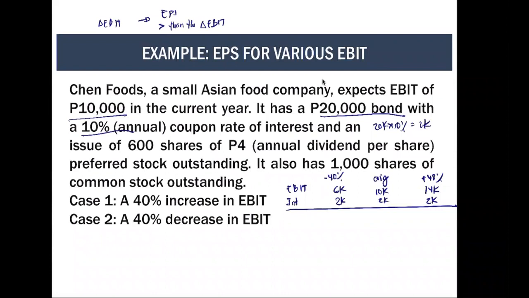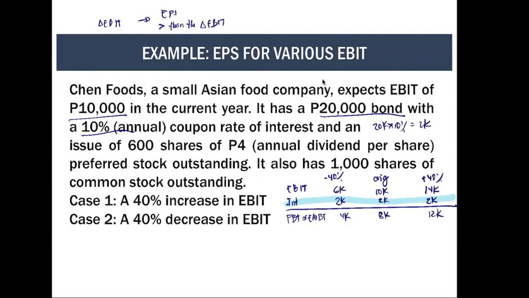So how much is our profit before taxes, or your earnings after interest but before taxes? So 4,000, 8,000, 12,000. Notice, guys, as I told you, whether or not your EBIT will change, your interest will remain the same. So we have here your fixed interest, whether less 40 or plus 40, still at 2,000.